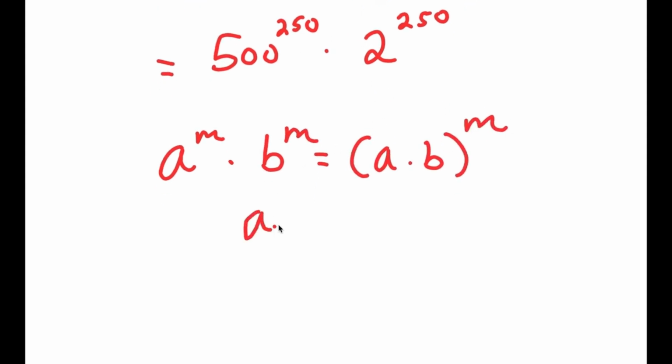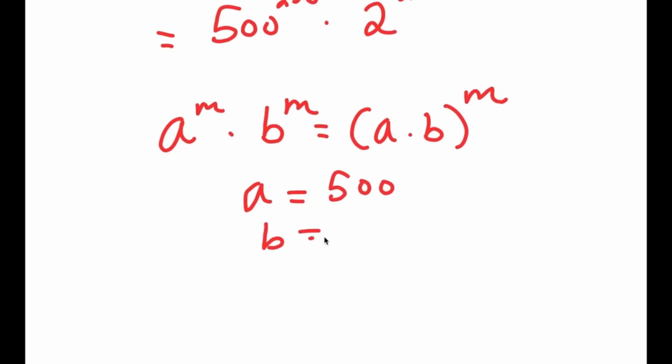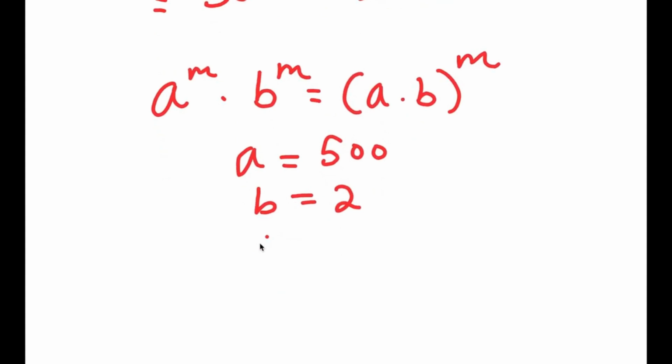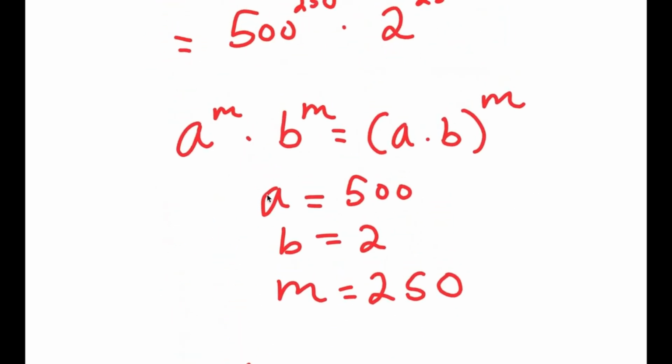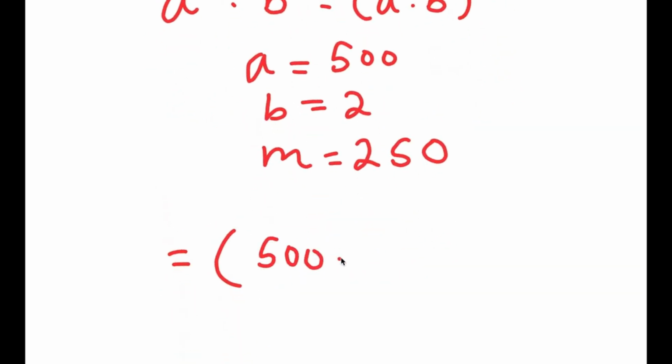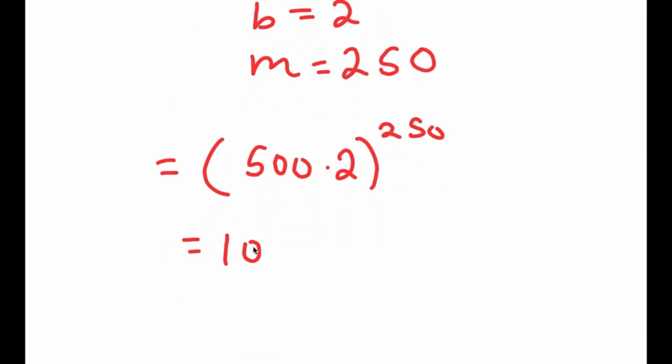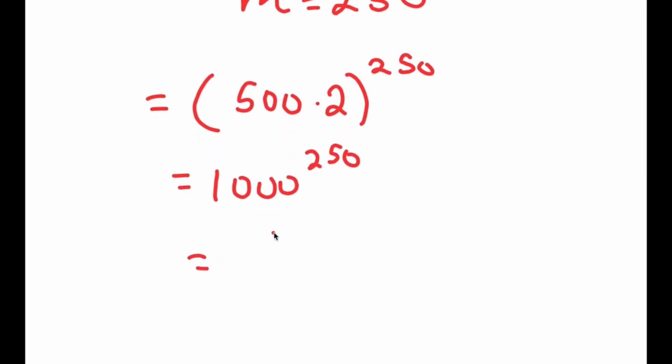So in this case, a is 500, b is 2, and of course, m is 250. So I get 500 times 2 to the power of 250, which is equal to 1000 to the power of 250. And this is the same thing as 10 to the power of 750.